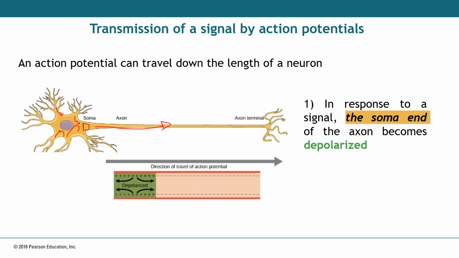So for example, here in the beginning, although the action potential is traveling in that direction, this section is already positive, already depolarized, while this region is in a resting state, and the membrane is negative. The inside of the neuron, the charge will be negative.